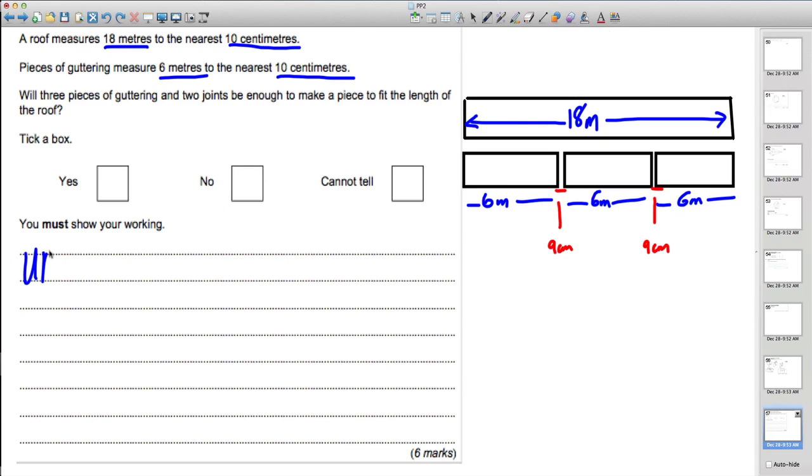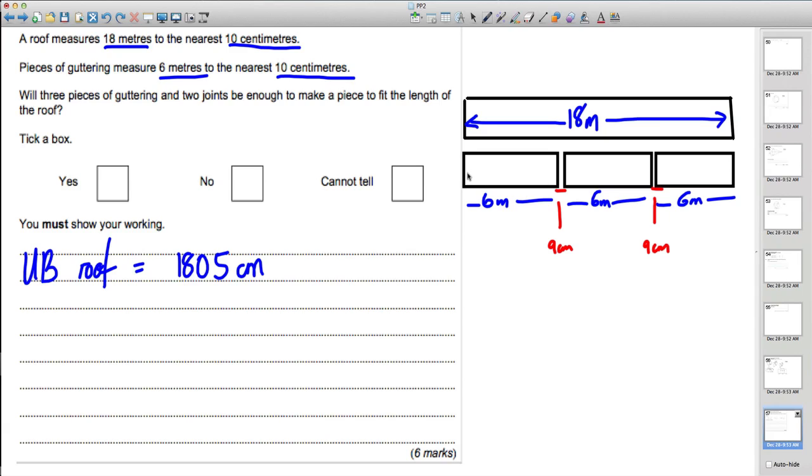The upper bound of the roof would be 18 meters plus half of this. Half of the 10 centimeters would be 5 centimeters. It would be 18 meters and 5 centimeters, which I would say is 1805 centimeters. The upper bound of the roof, okay? So that's the most it could be.